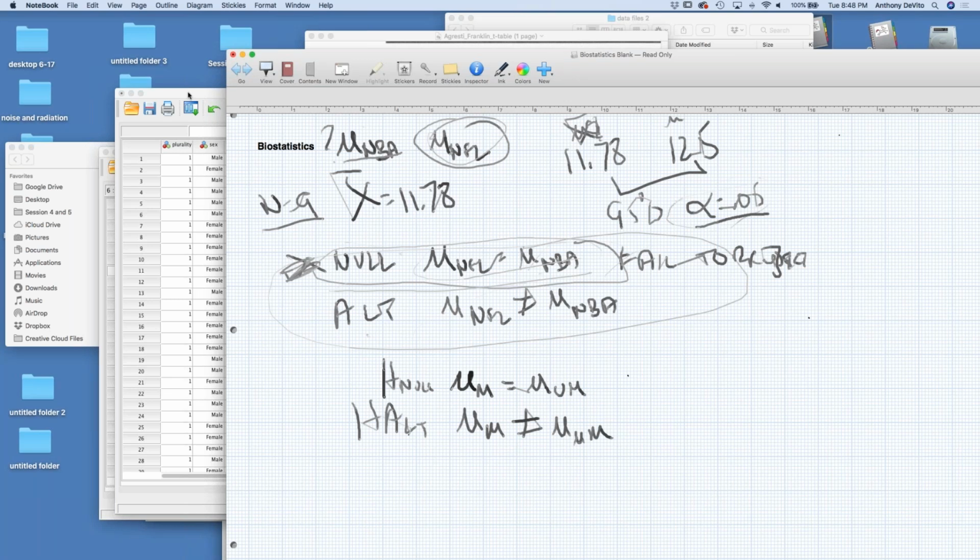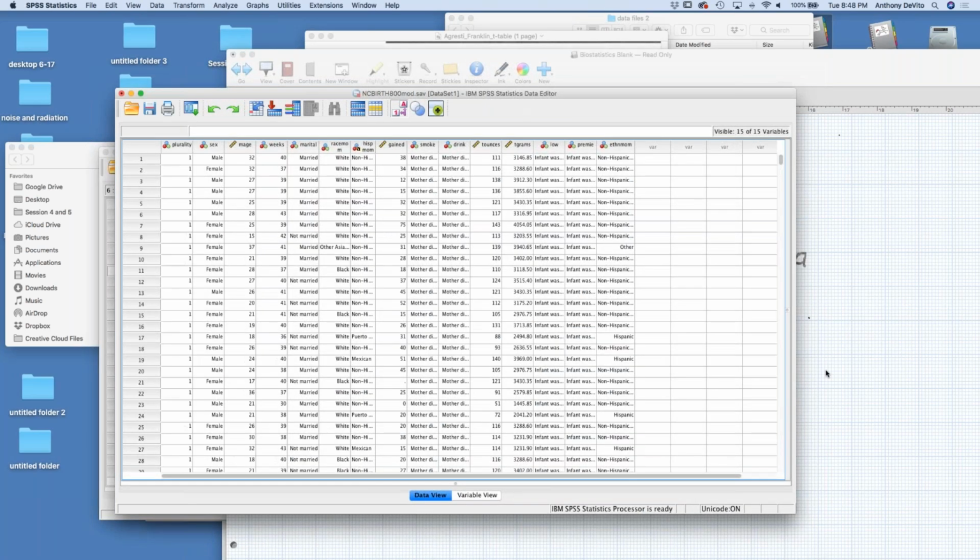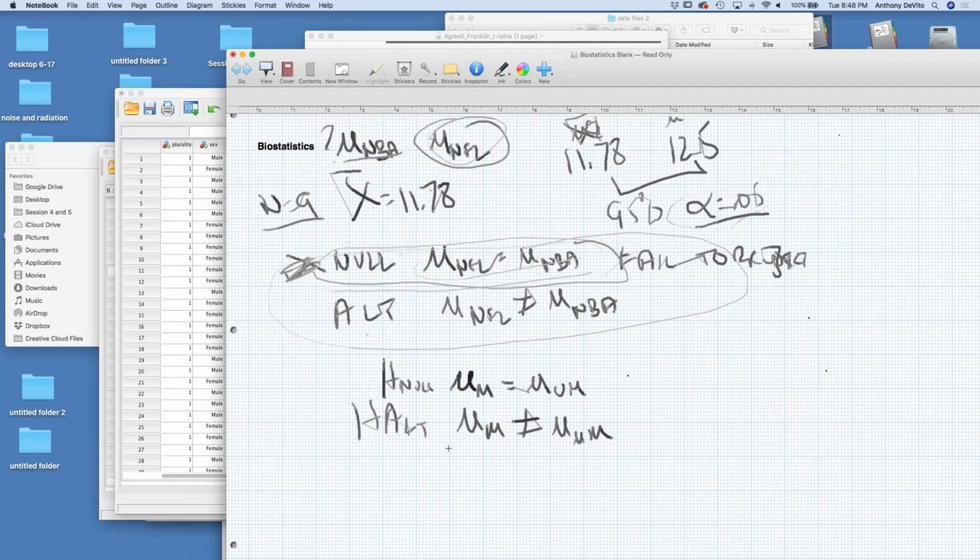So I'm going to go back here. This is called a two-sided hypothesis. We have so little time here. I don't want to confuse the issue by introducing this idea of single-sided and double-sided.